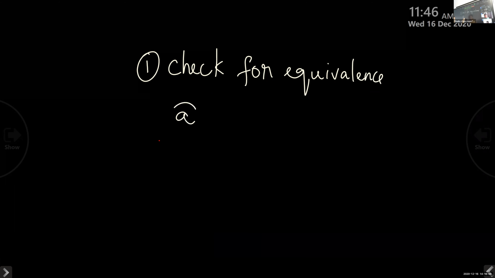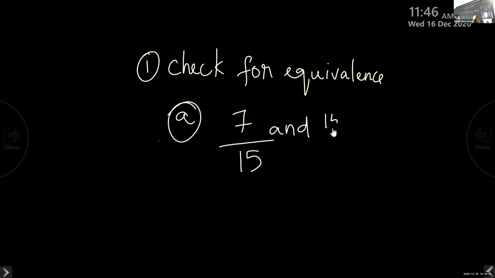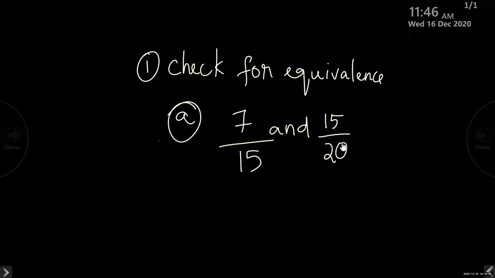Question number A. 7 by 15 and 15 by 20. Check for equivalence. Children, you know how to check whether the fractions are equivalent.